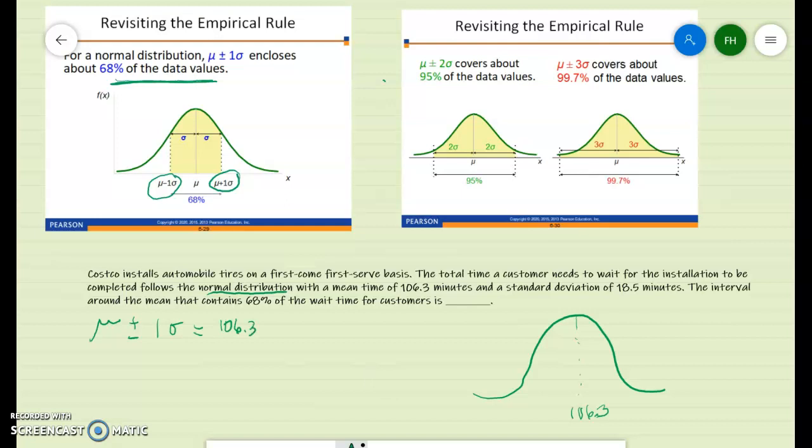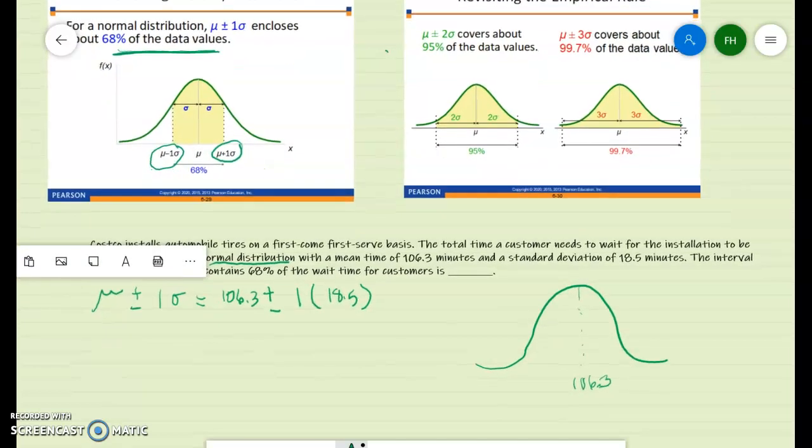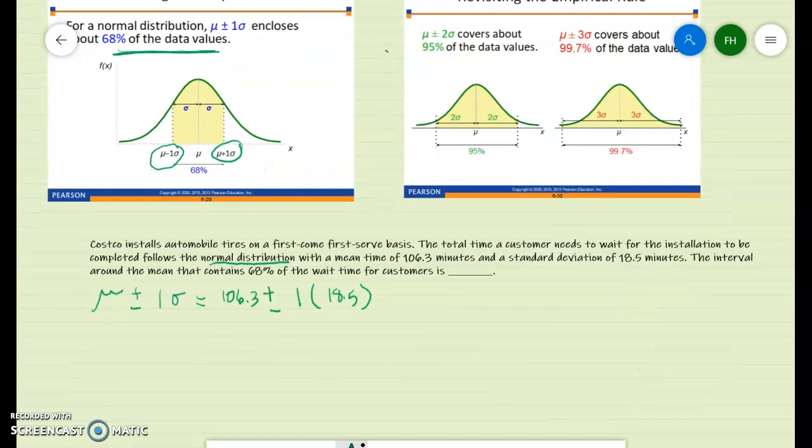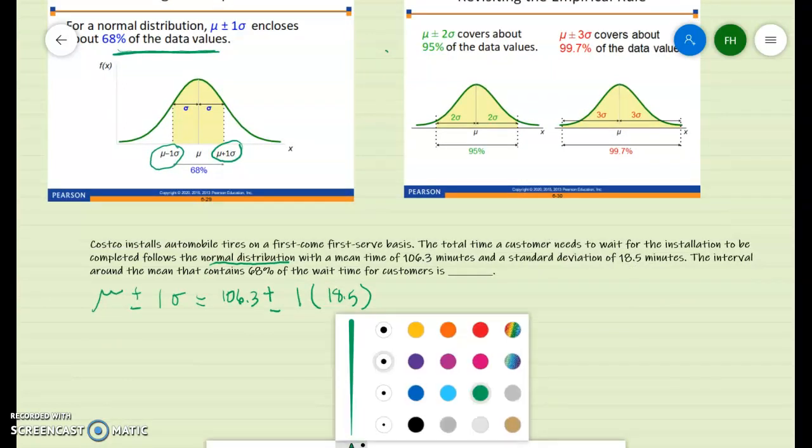We're going to add and subtract 1 times the standard deviation, and the standard deviation is 18.5. I'm going to make this a little bit bigger just so we can really see.